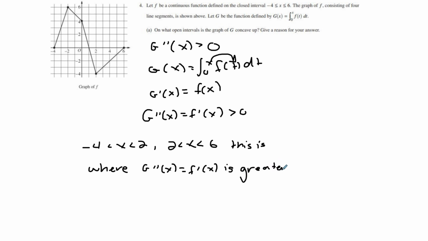You could just say something like that. And it doesn't really matter if you had put this as greater than or equal to, you will still get points on the exam for it. They don't really care about your intervals unless it's a specific question where that is important.